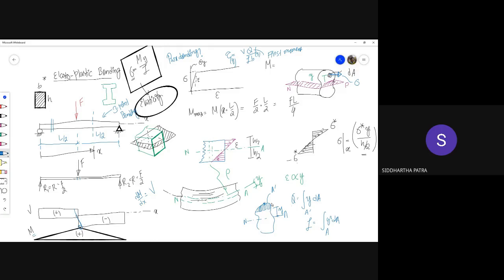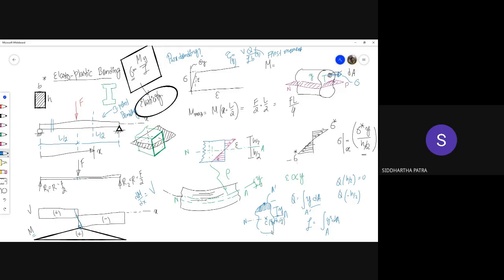Because if you take Y to this height, there is no A prime area. So Q at h by 2 is 0. But then if you reach the negative one, that also becomes 0, because you are integrating y dA, and the y is considered from the neutral axis, and the neutral axis is supposed to pass through the centroid, which is x bar, y bar.